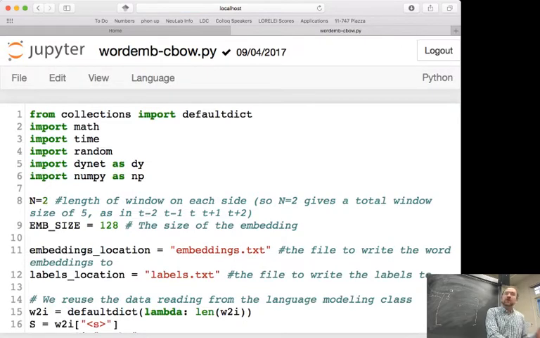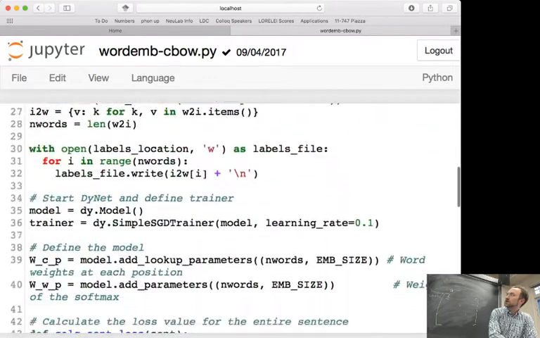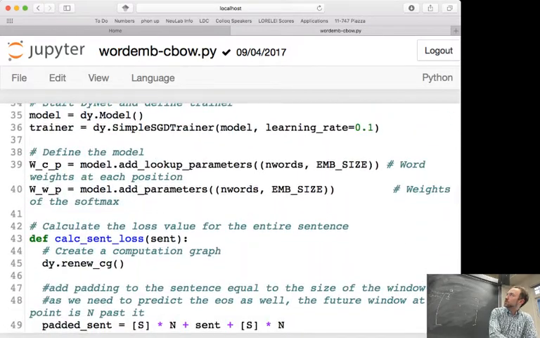As with all of the examples here, I'm just going to show you briefly, and then you can go back and look at the code carefully at the end. If we go down, we have parameters to look up the context at each position, and then we have parameters to calculate our softmax.